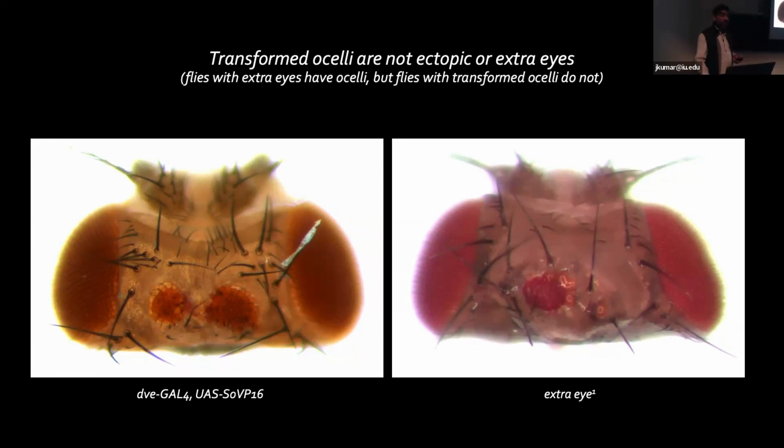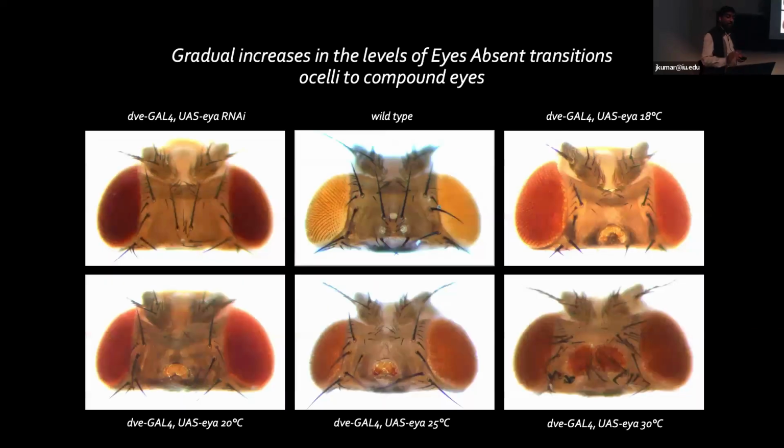So what we did is we took advantage of the ability to control the expression levels of our RNAi lines. Mark Ptashne had shown that GAL4 in yeast is temperature dependent. The higher you raise the temperature, the more activity GAL4 has, or the better GAL4 will work. Andrea Brand, when they developed the UAS-GAL4 system for flies, had shown the very same thing.